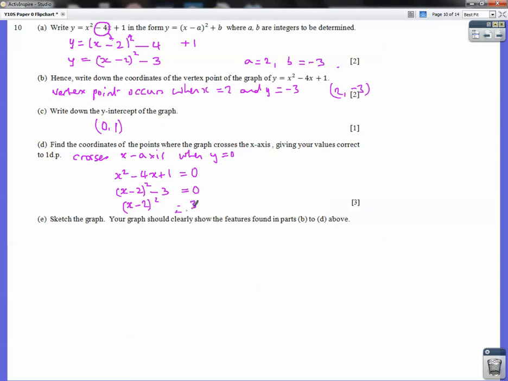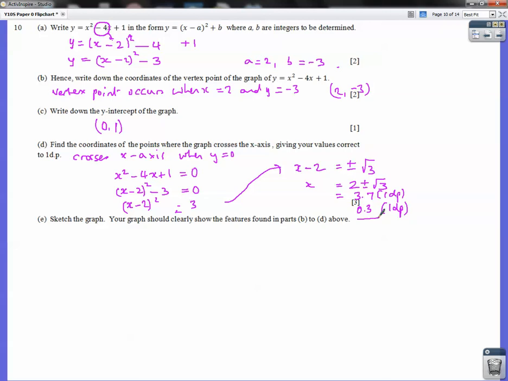Then I find the square root of both sides, so x minus 2 is plus or minus the square root of 3. And so x is, adding 2 to both sides, 2 plus or minus root 3. Using my calculator, that comes to 3.7 to 1 decimal place, or 0.3 to 1 decimal place, and that's part D done.